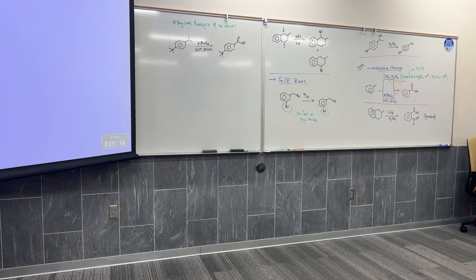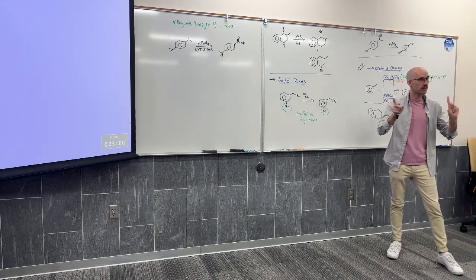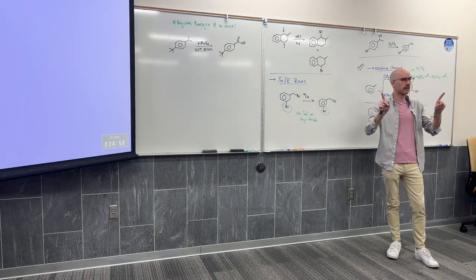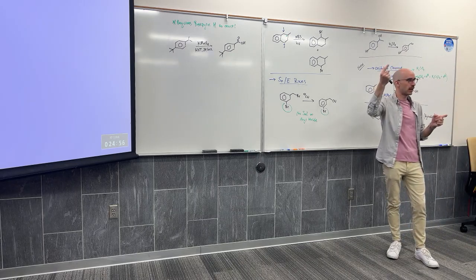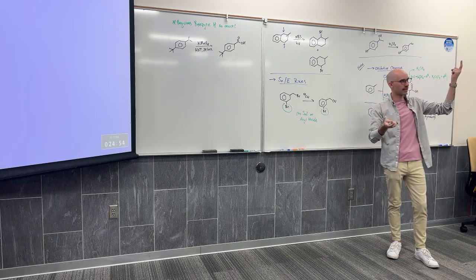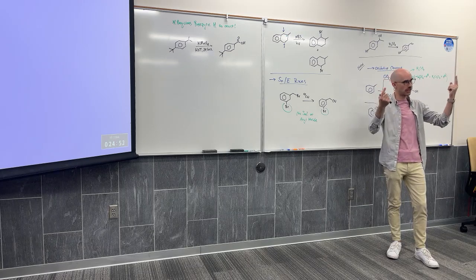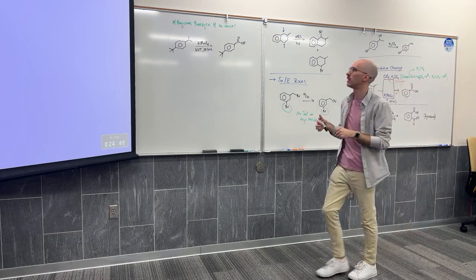So why does it require a benzylic hydrogen? Why can't these strong oxidizing reagents just get at that carbon and start doing stuff? Well, oxidation involves typically one of two things, removal of hydrogen atoms and increased bonds to oxygen, sometimes a combination of the two.